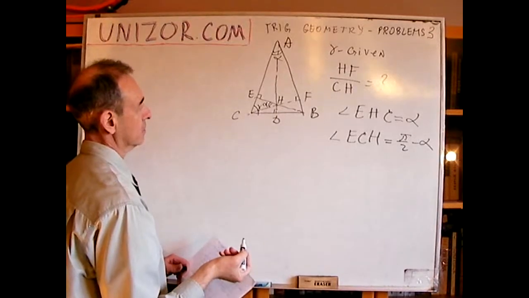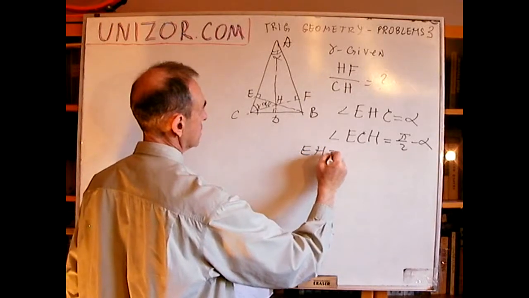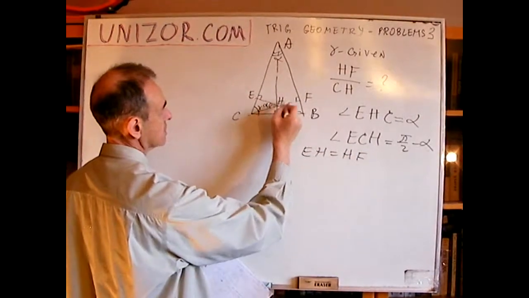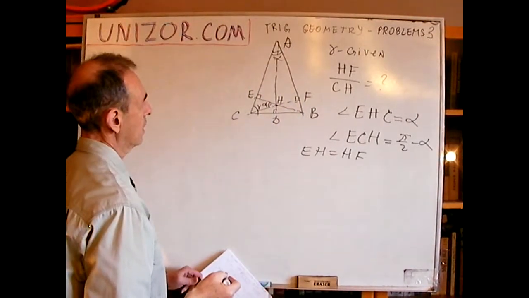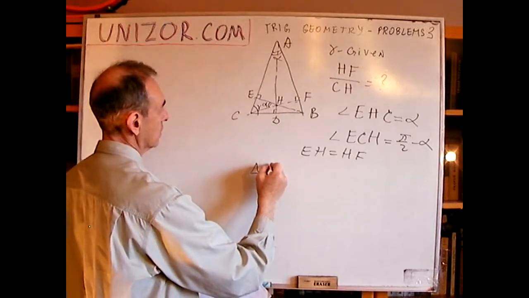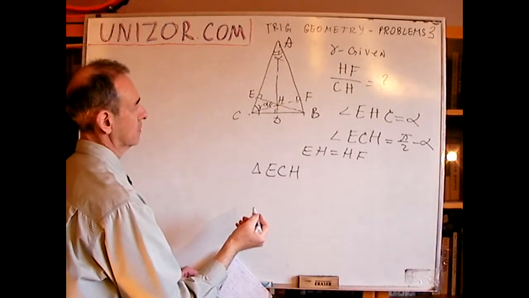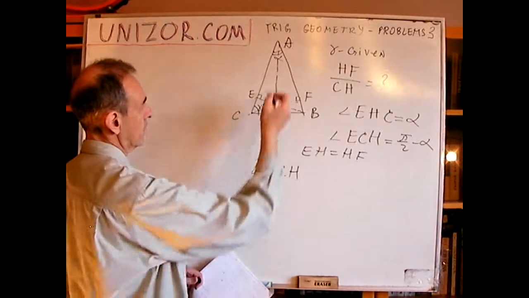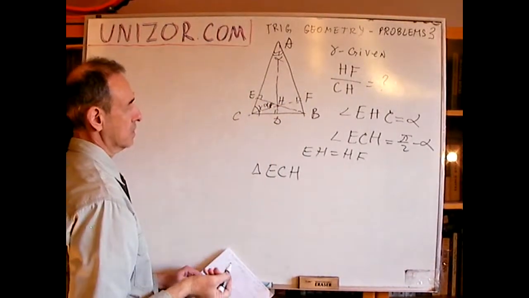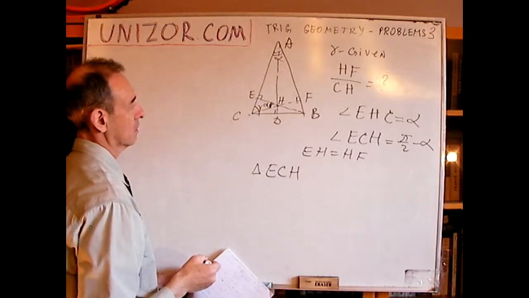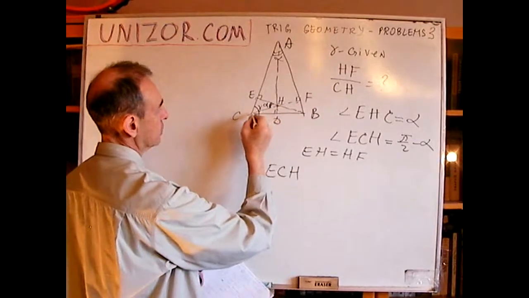is a right triangle. Now, I just mentioned that EH is equal to HF. This is equal to this because these triangles are congruent, right? So basically, if you consider right triangle ECH, the angle alpha is something which we definitely know. So what is the ratio of HF to CH?